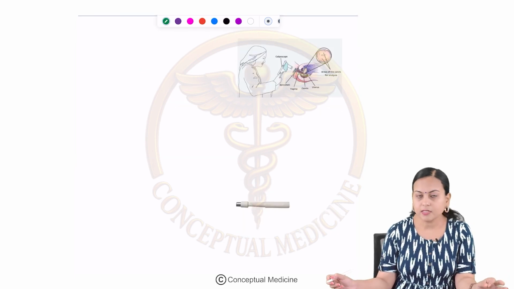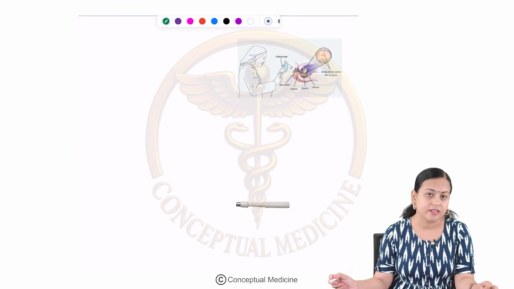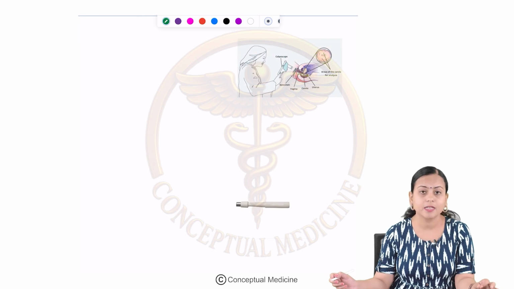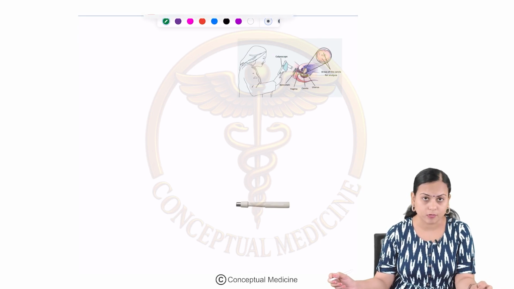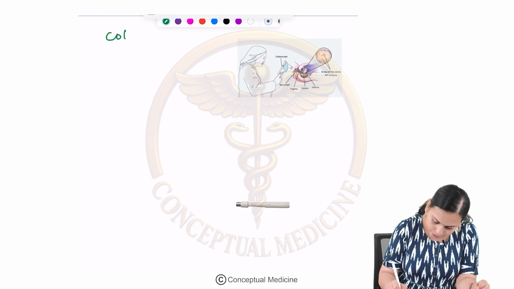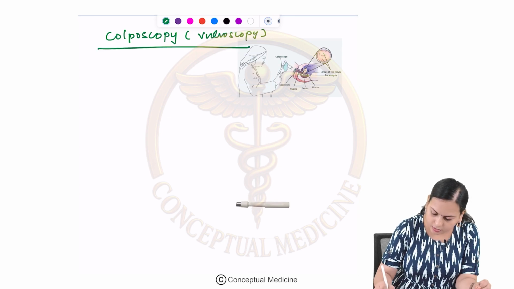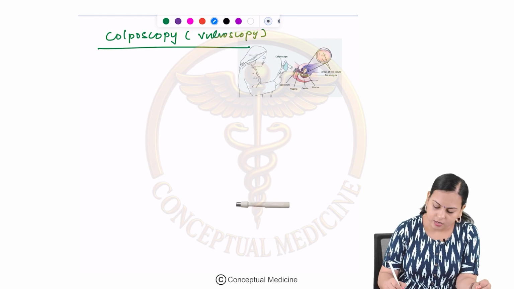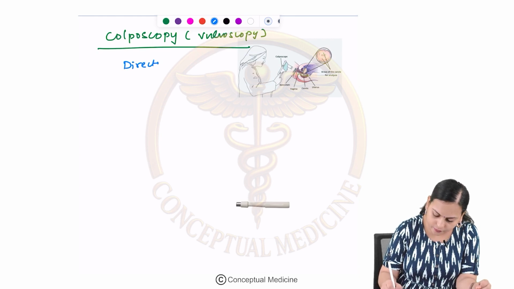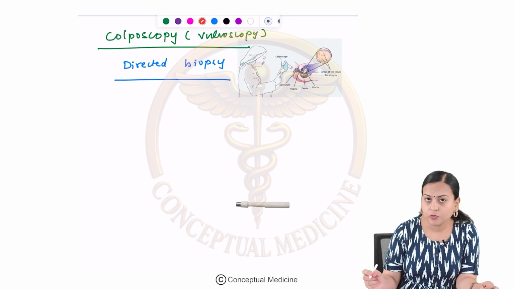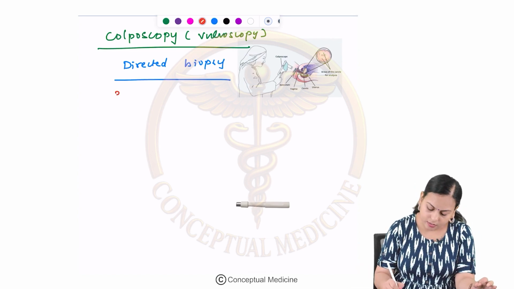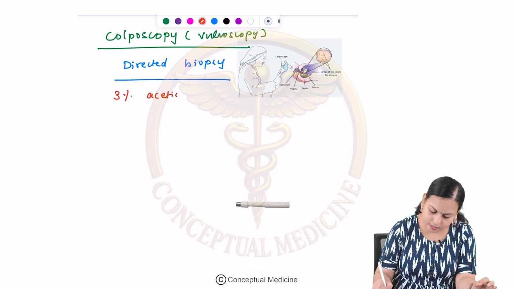Okay. So let's discuss about colposcopy, and here in case of carcinoma vulva, it can be specifically mentioned as vulvoscopy also. Okay. So colposcopy or vulvoscopy. Okay. So usually vulvoscopy directed biopsy can be done, and already as I told you, it can be done after painting it with 3% acetic acid for 5 minutes.